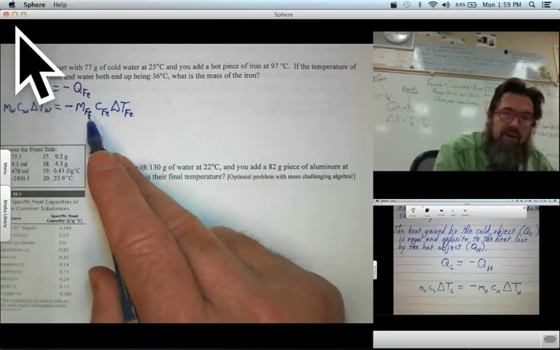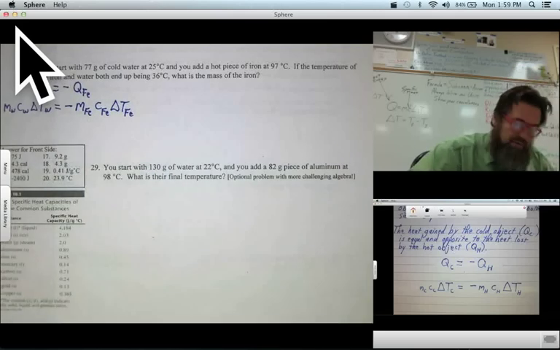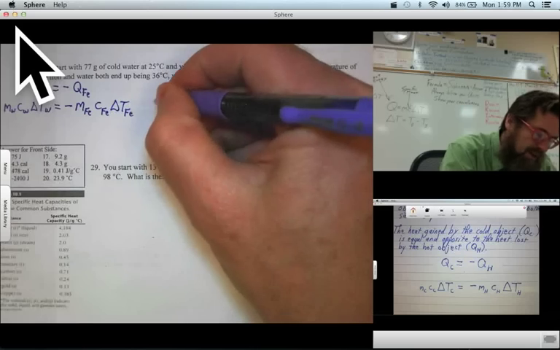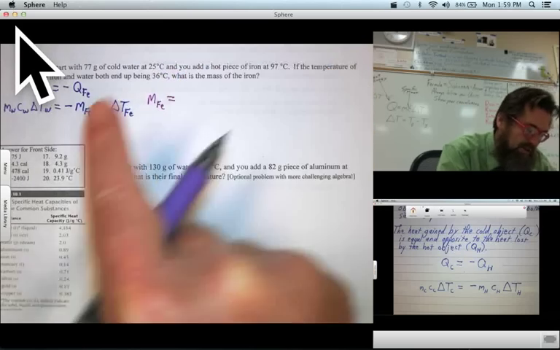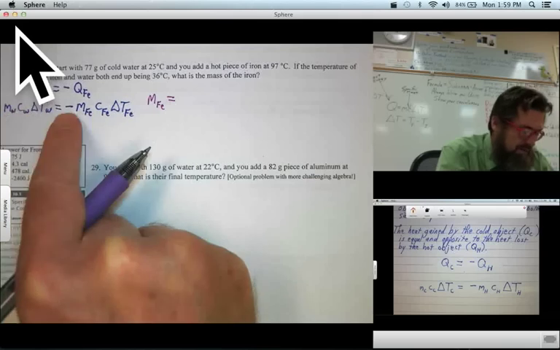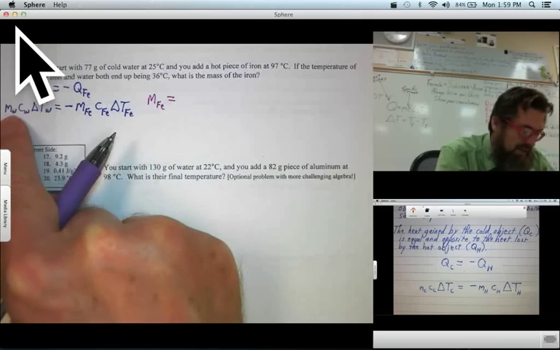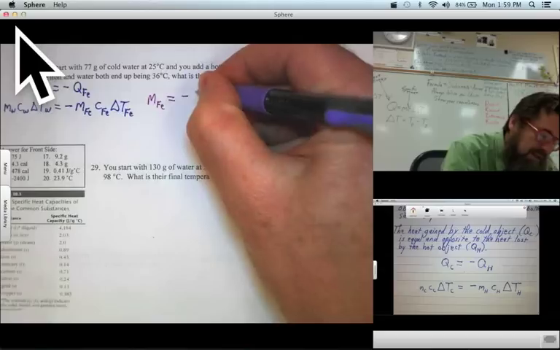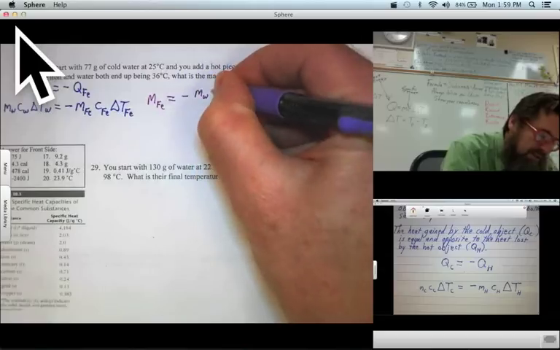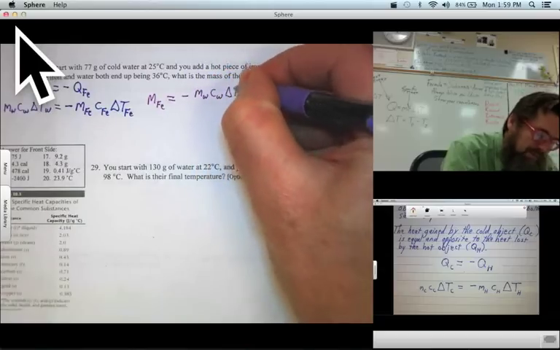In other words, off to the right, I'm going to switch colors just to keep things clear. The mass of the iron equals, well, we're going to have a minus in there, minus mass of the water, C of the water, delta T of the water.